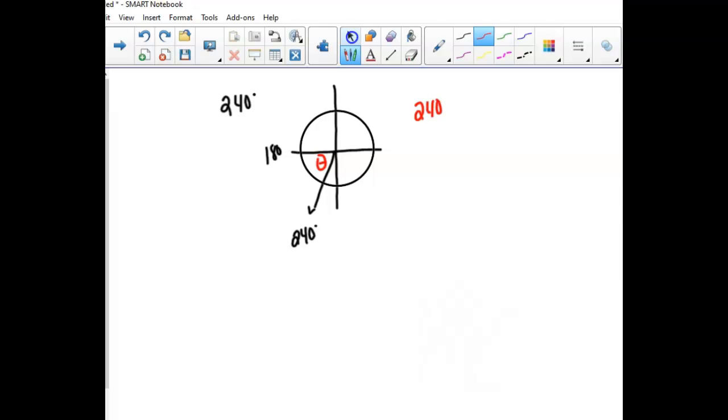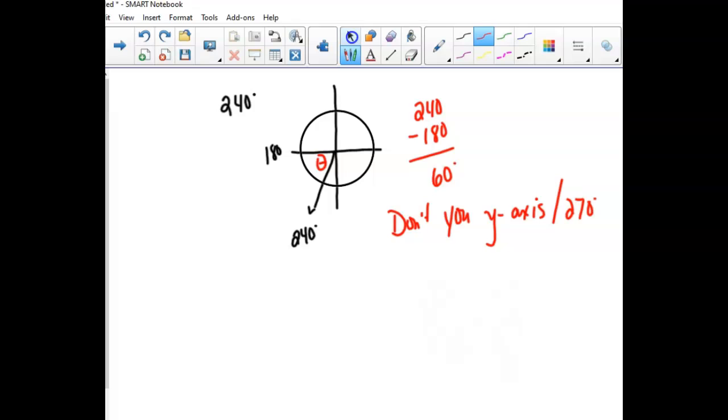So we'll do 240 minus 180 and get 60 degrees. So we can't use the y-axis or 270. So the first one we subtracted the 180 minus the number. This time we did 240 minus 180.